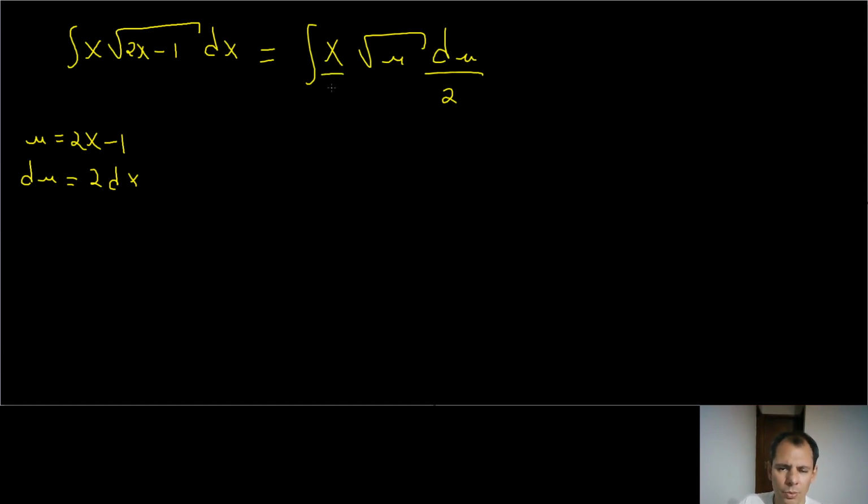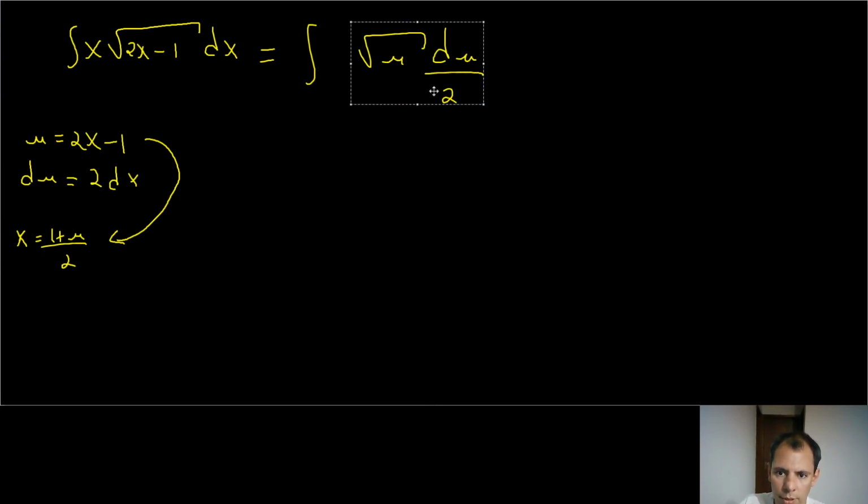Okay, what are you going to do with this x? You got to take care of this x. So what is x? Well, isolate in here. Okay, from this, I know that x equals, let's see, it's going to be 1 plus u divided by 2. 1 plus u divided by 2. Okay, so we're going to get this x out of here.